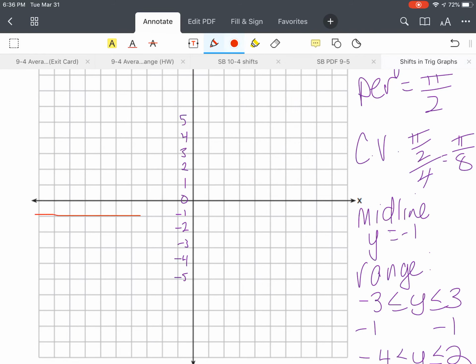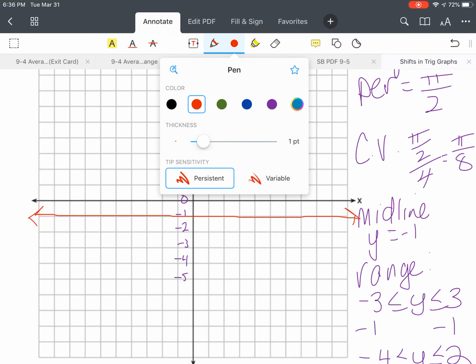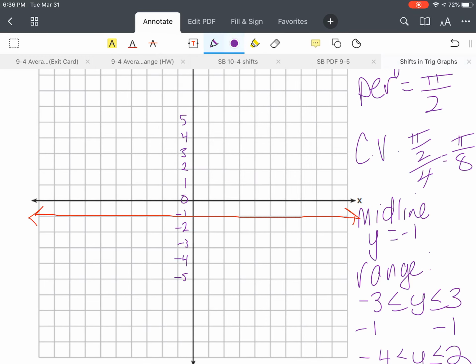I like to draw that in. Okay. So let's fill in our critical values. So every pi over 8. So that's pi over 8, 2 pi over 8, that's pi over 4, 3 pi over 8, and 4 pi over 8, which is pi over 2.